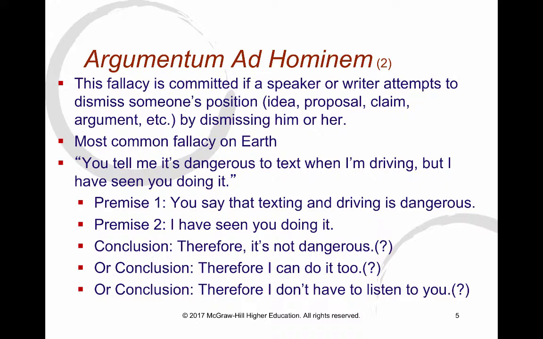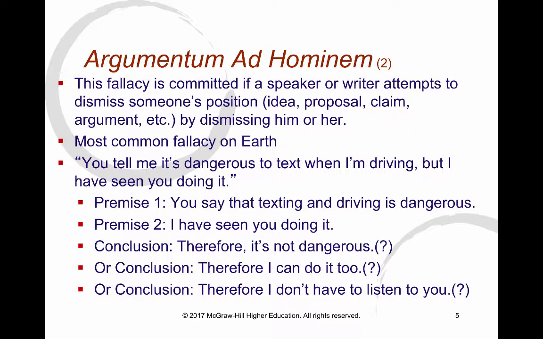So let's take another look at that texting and driving argument. You tell me it's dangerous to text when I'm driving, but I have seen you doing it. So the argument has two premises and an unstated conclusion. Premise 2 does not address the claim that texting and driving is dangerous. The person is attacking the other person by saying that they do it.